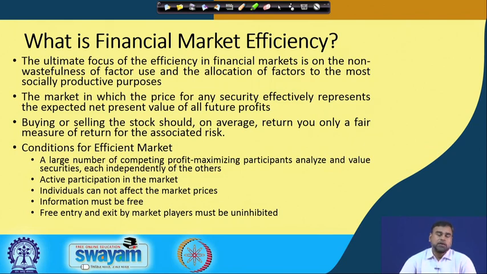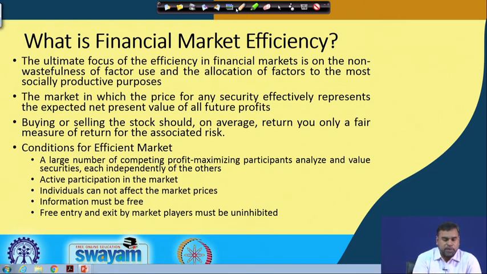What does it mean? You know that every resource we have is scarce. So, we have to utilize those resources in such a way that we can maximize the revenue out of them, and whatever revenue we are maximizing should have some social implications. That means the product should be used in such a way that the maximum welfare can be generated out of it.